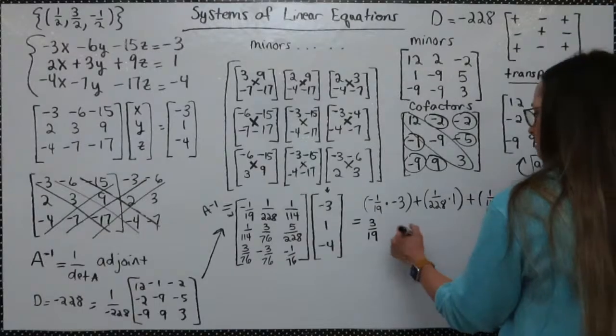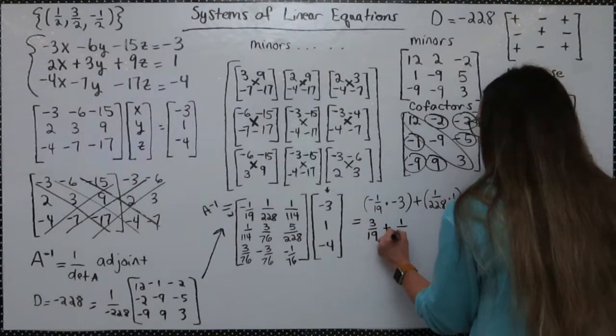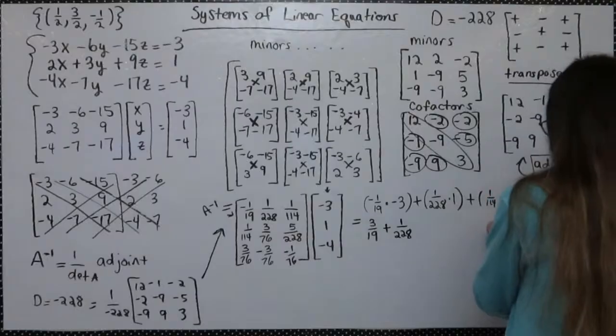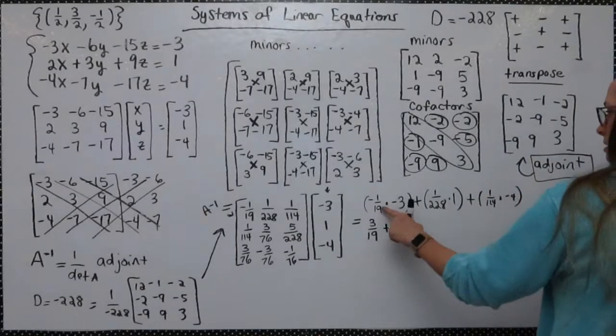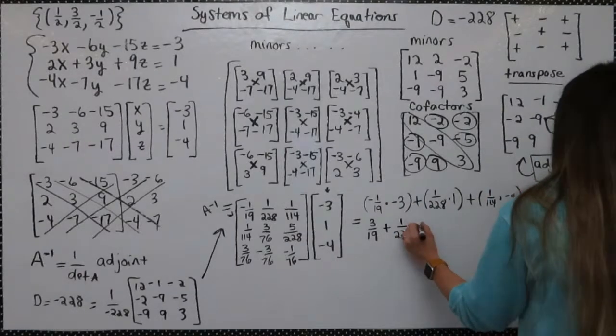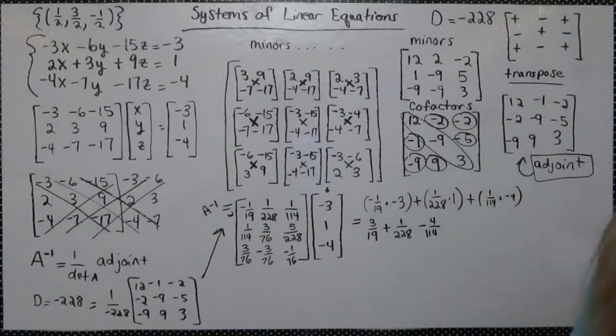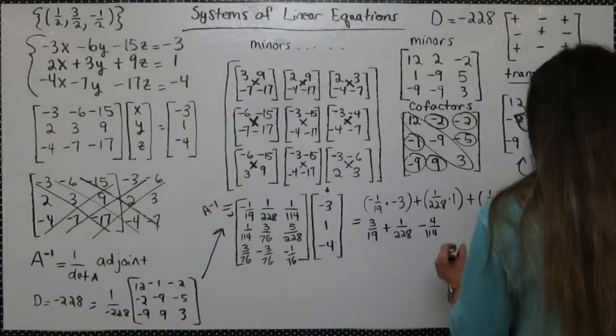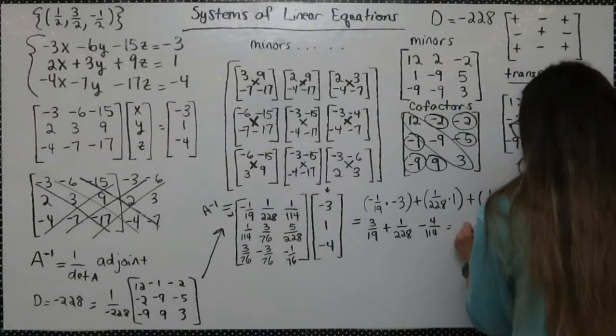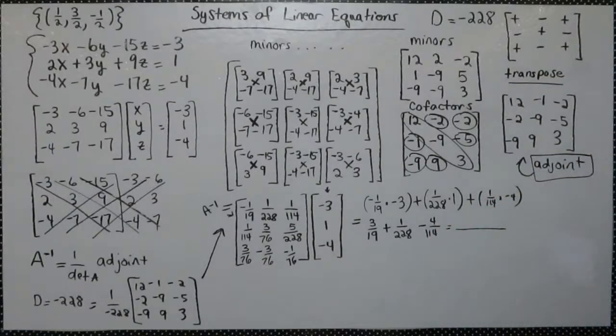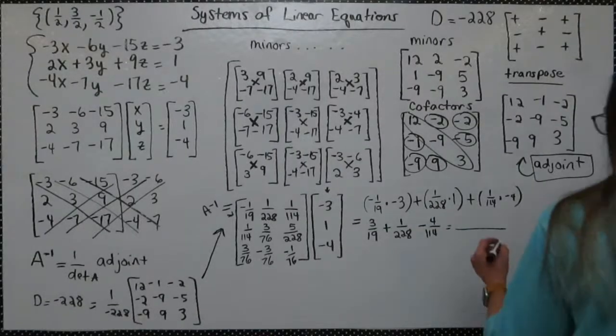And this one is just going to be plus 1 over 228. And then this one is going to go negative on me: -4 over 114, which I don't think reduces, let's see. Okay, it doesn't. It goes into 2 though. All right, so let's go ahead and get a common denominator.